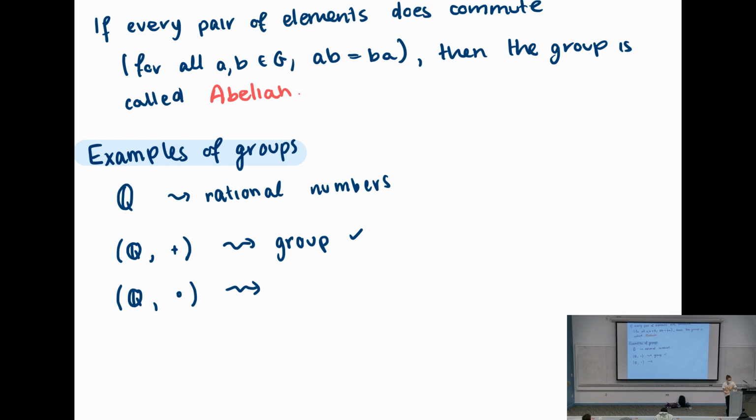We have an element 0, and there's nothing I can multiply 0 by to get back to 1. So 0 has no inverse. So what we can do to fix this is we'll just take 0 out. And that, together with multiplication, will be a group.